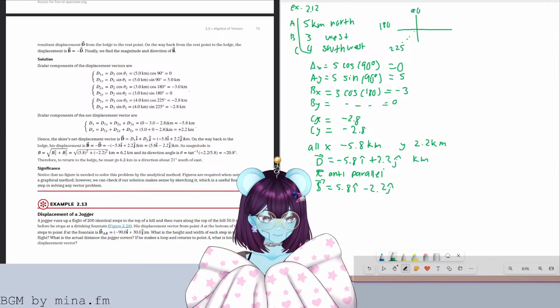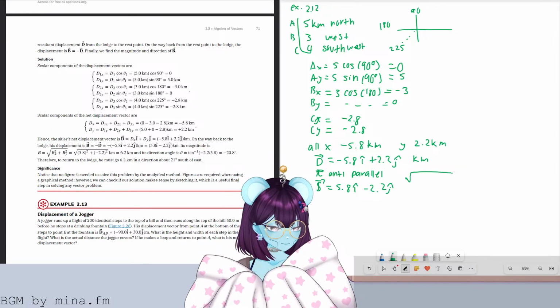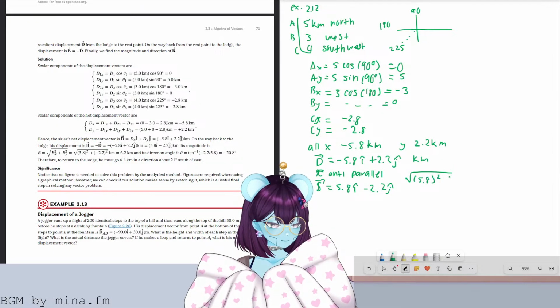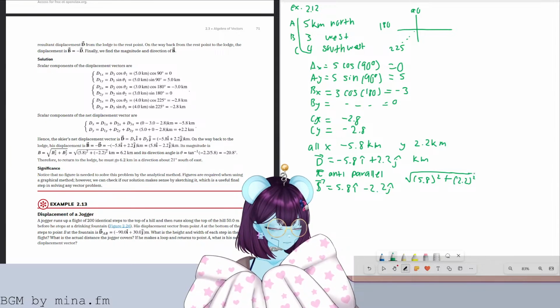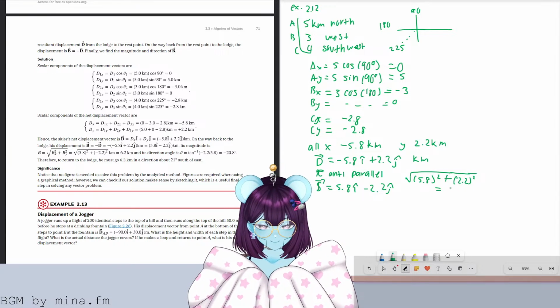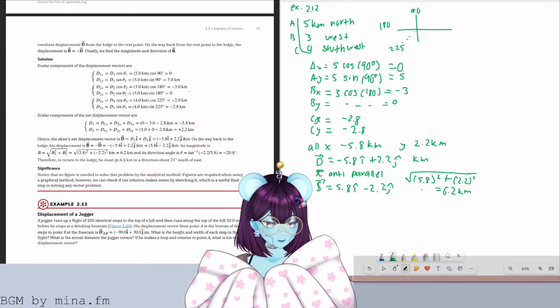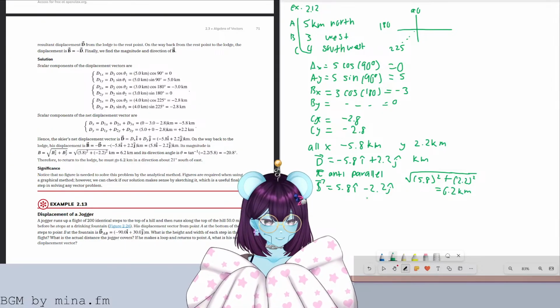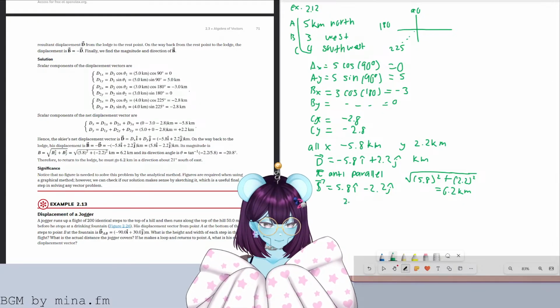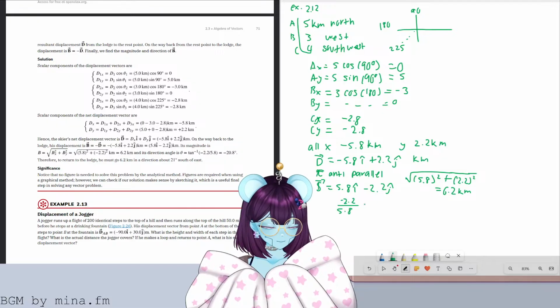And if we want to find the magnitude, same thing. We just do the Pythagorean theorem again, so a squared plus b squared. So we get 5.8 squared plus 2.2 squared, which is 6.2 kilometers. And then once again, to find that angle, we just do the tangent. So we have the 2.2 over 5.8. Don't forget the signs in this case, because they are different.